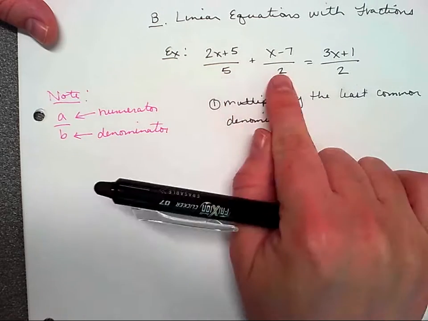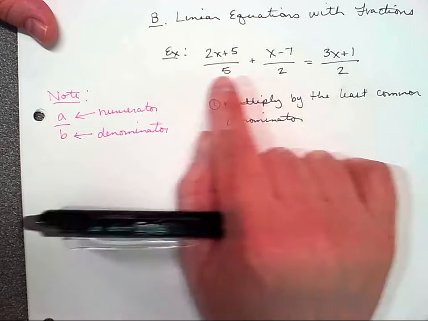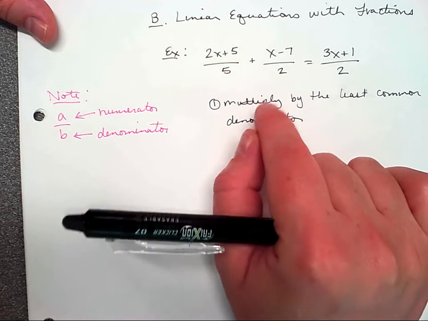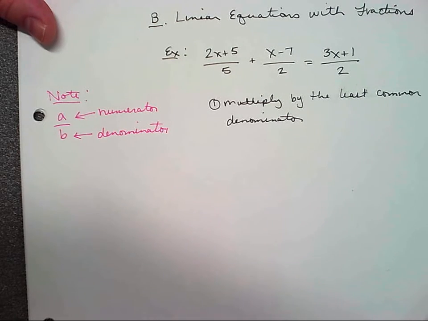Okay, so 2 and 5, what are 2 and 5 a factor of? 10.